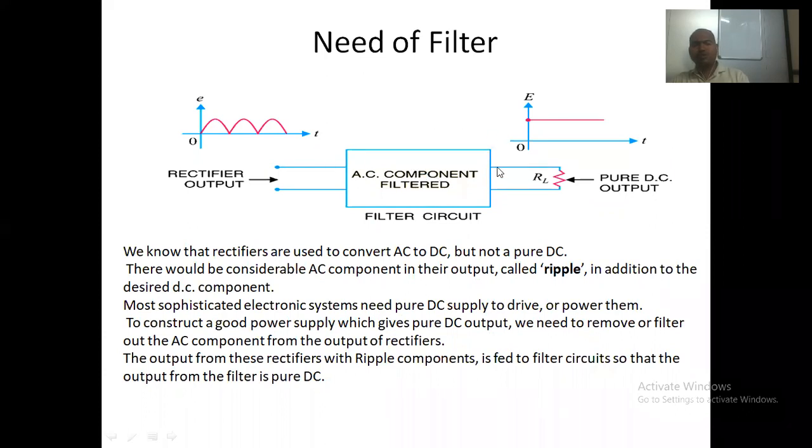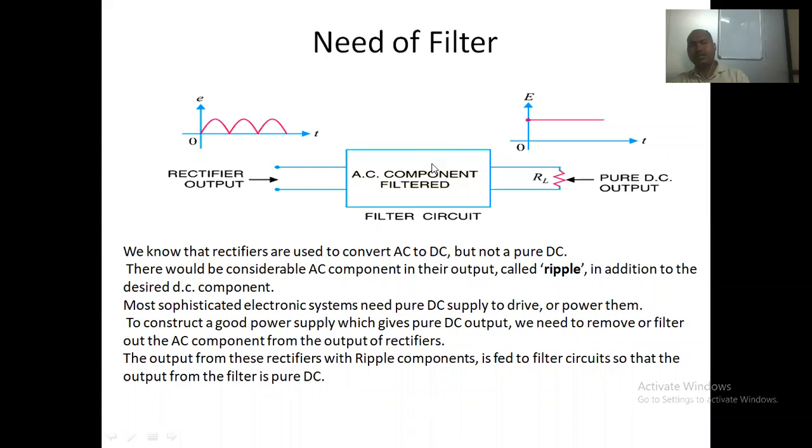Now this is only a block diagram, that's why I am telling you some extra knowledge. We apply this pulsating DC to this filter circuit, means pulsating DC input is applied to the filter circuit. The filter circuit does the filtration work.